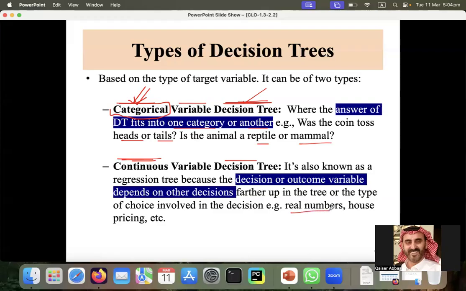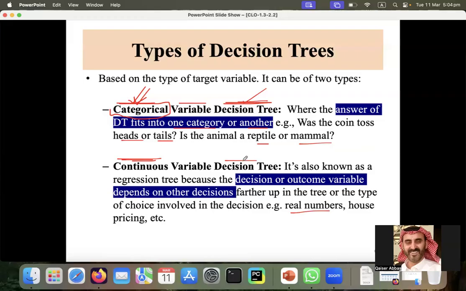Also you can say real numbers. Real numbers are continuous: 1, 1.5, 2, 2.5, and in between you have values. I can say much more about this, but we already know what is categorical and what is continuous, so I am moving forward.